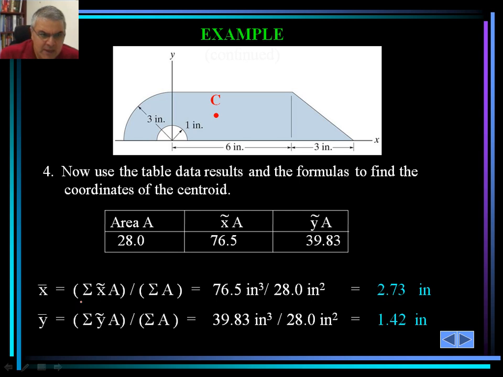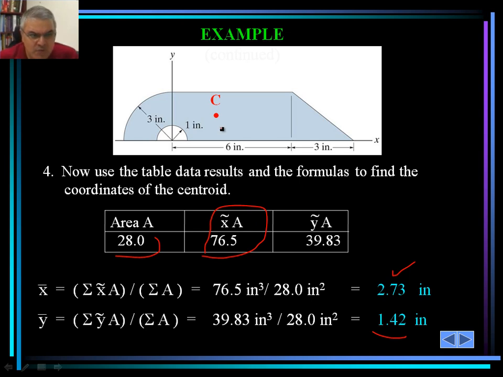We simply divide this number here, which is the summation of really all the x hat A, by the entire area of 28. In this case, that will be the location of the x component of the centroid, and for the y coordinate, it will be 1.42 inches, following a similar format.